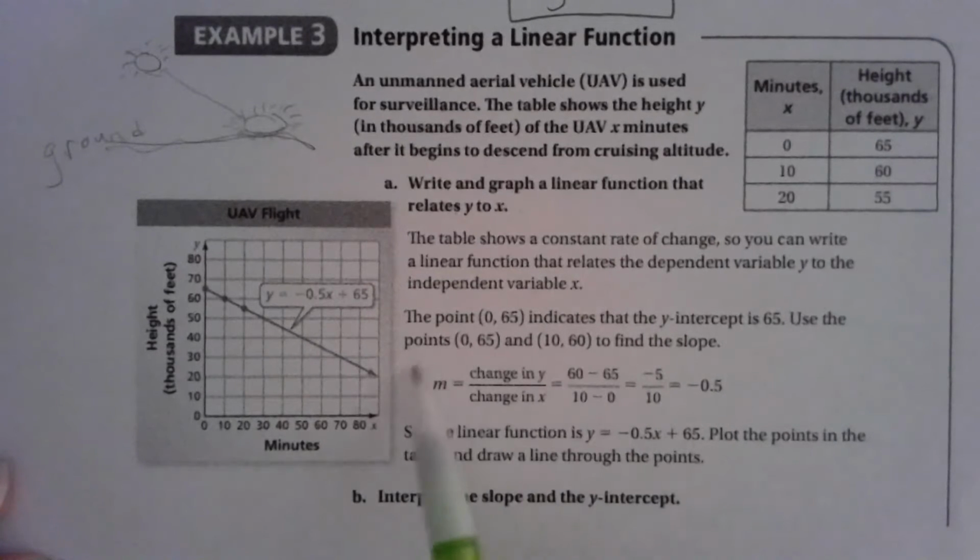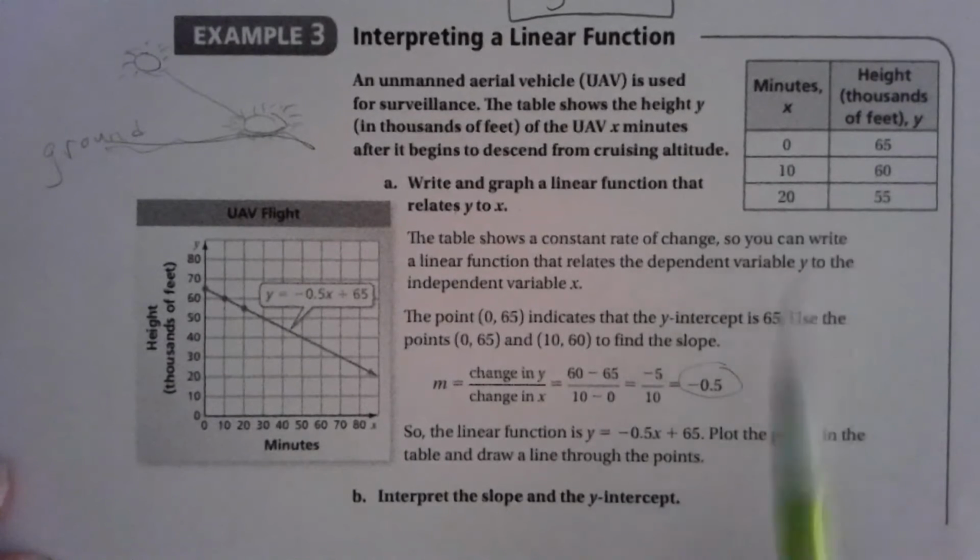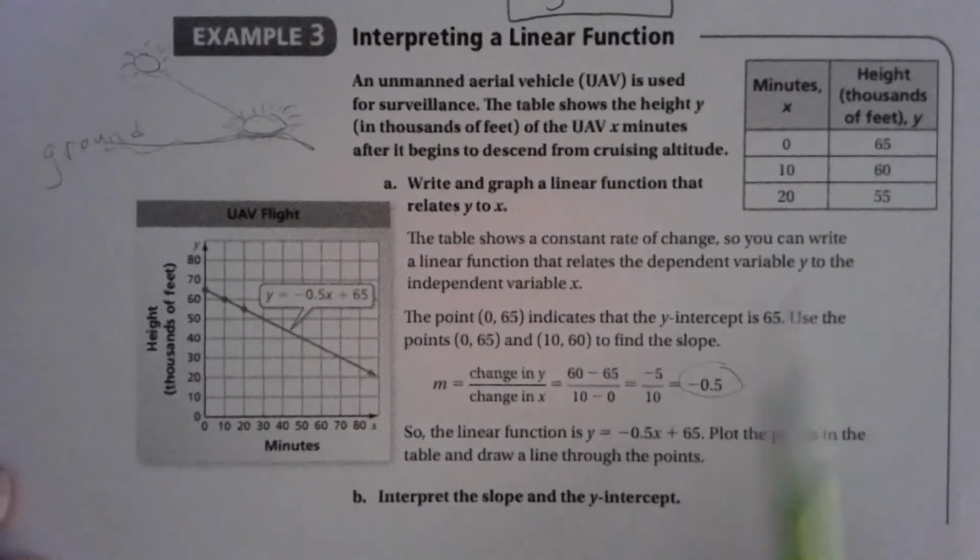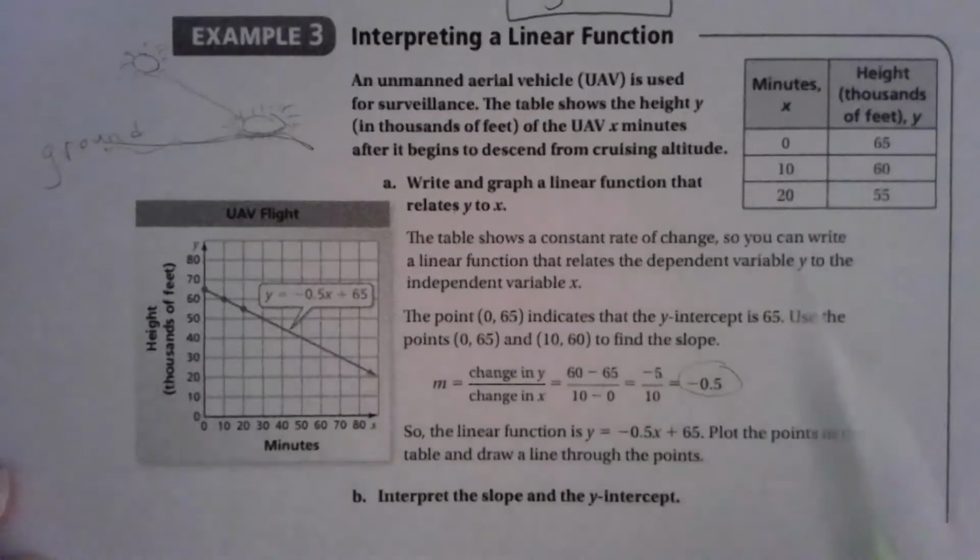So if you do your change in y over the change in x, that makes sense. We could see that just from the graph. It's changing here by 1/2 foot per minute. Feet per minute.